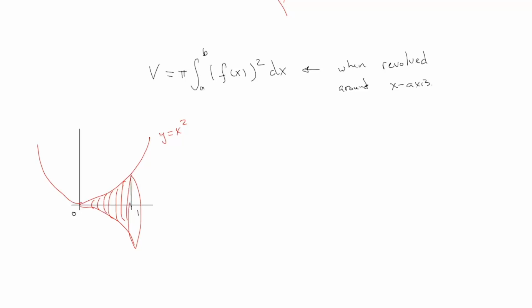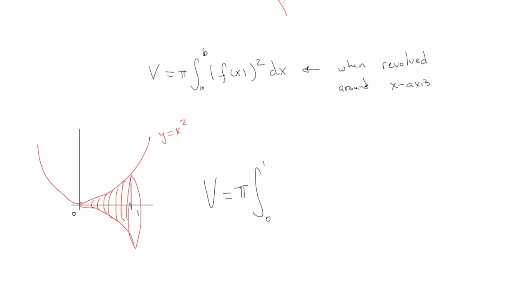And really, all there is to do is plug it into the formula, and this is a fairly straightforward example. So here the volume is pi, so you always just have a pi there. And then the integral, in this case, I'm going to go 0 to 1, because that's the range over which I'm taking this volume. So it is from 0 to 1.